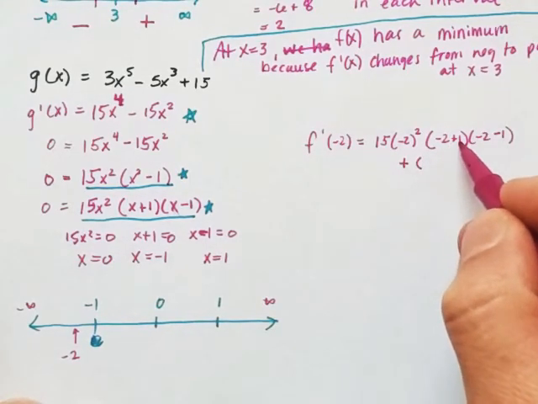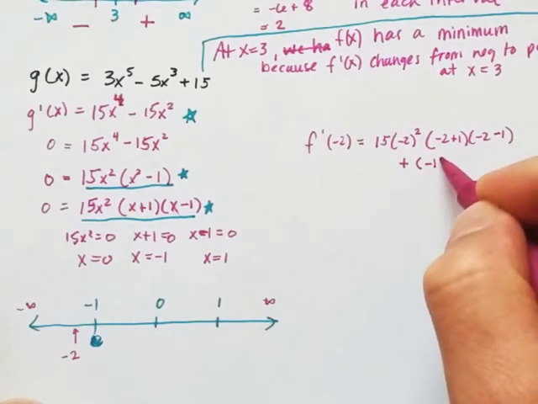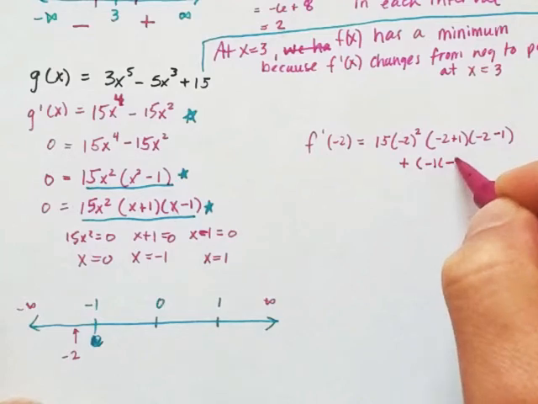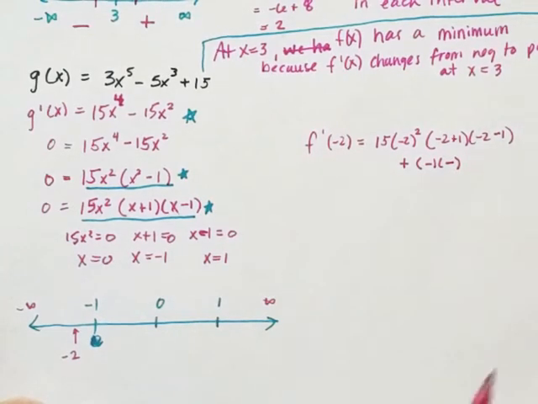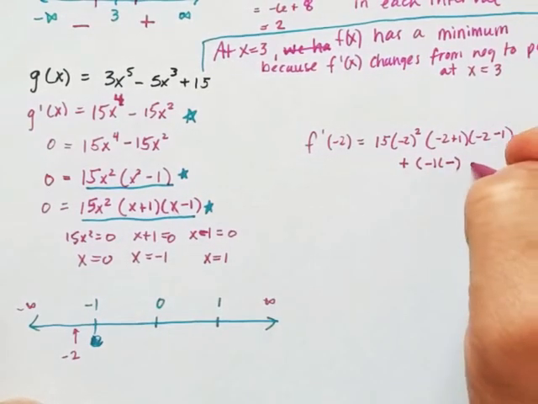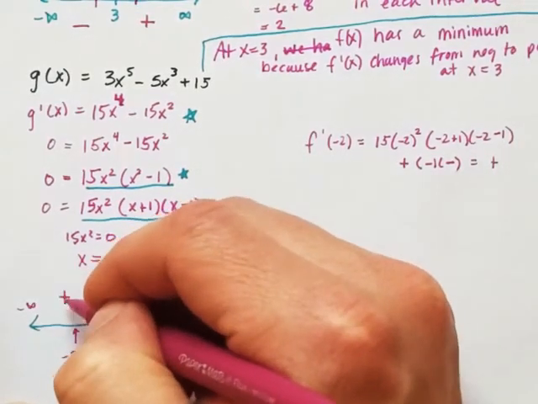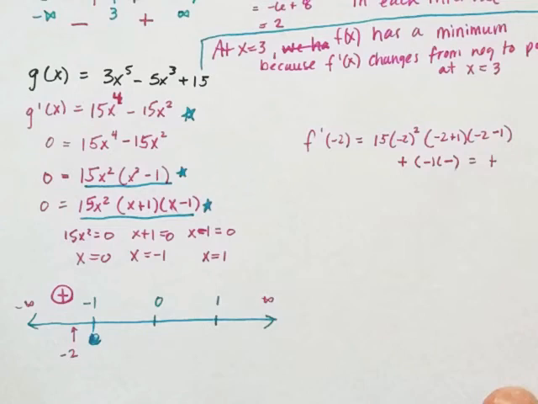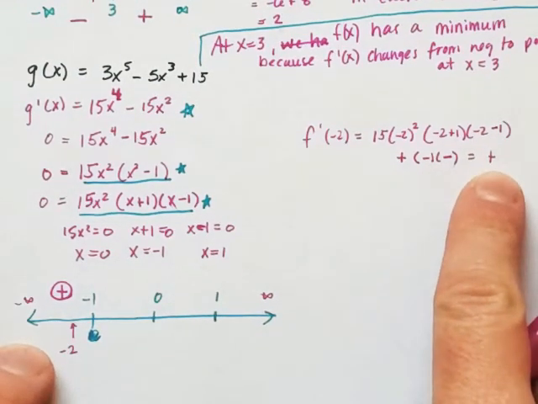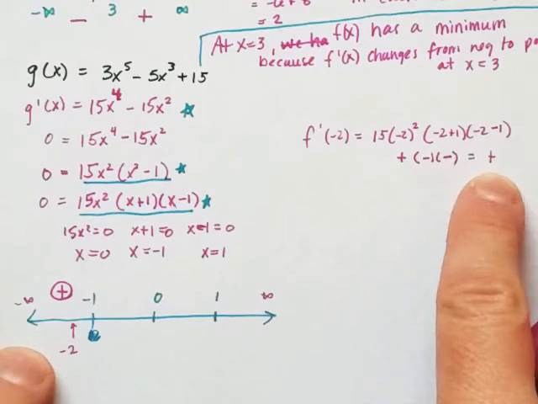A negative, and well, see, the negative has a greater absolute value, so that's going to be a negative. Negative 2 minus 1, that's going to stay a negative. And now when we have the product of two negatives, that's going to turn into a positive. So our entire answer there is just going to be a positive. It's going to be increasing from negative infinity to negative 1 because our derivative was positive.